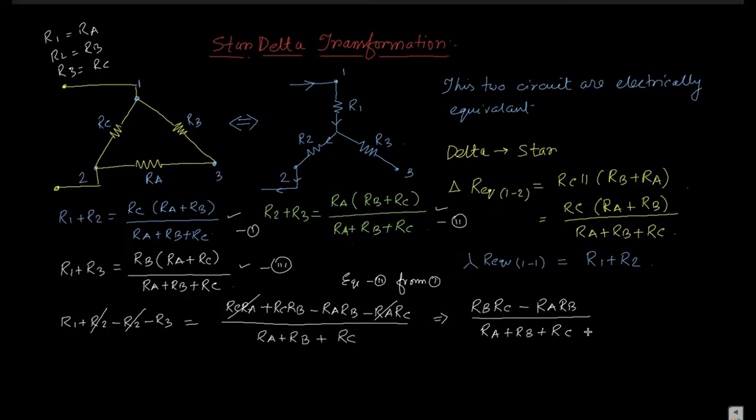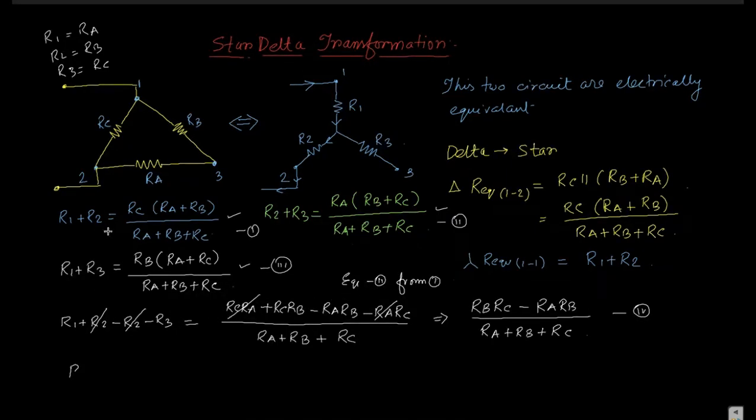This is equation 4. Is there any confusion up to this? Now add equation 4 with 3. So this becomes R1 minus R3, and equation 3 becomes R1 plus R3. Now add these two equations.